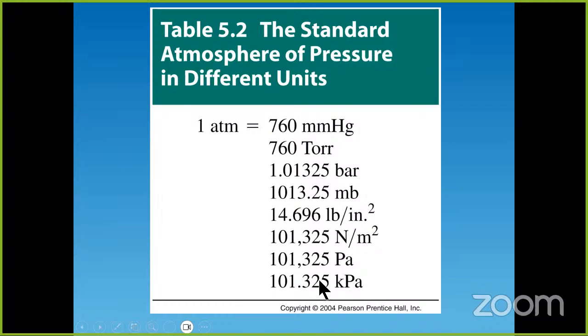To get from pascals to kilopascals, remember kilo means 1,000, so we divide this value by 1,000 and we get the equivalent value in kilopascals. For all purposes in this course, we'll be using atmosphere, millimeter mercury, torr, pascals, kilopascals, and newtons per meter squared, all right? The others, I really don't anticipate us using to any degree whatsoever.